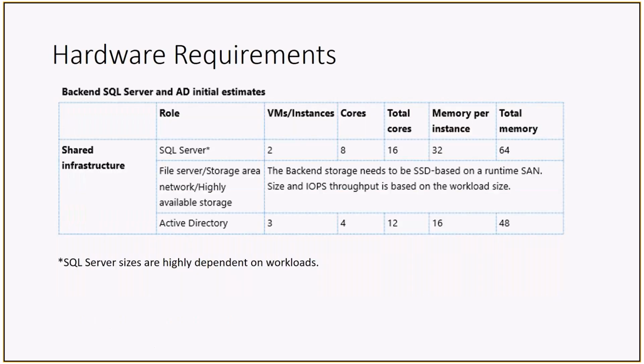On the SQL side, you will need 2 instances of SQL because you will be doing clustering and keeping it in high availability mode. We are saying at least 8 cores per SQL server, 16 cores total between the 2 servers, and 32 gigs of RAM per server at a minimum, and use SSDs for your SAN, so we have high IOPS on the database, as you probably already know.